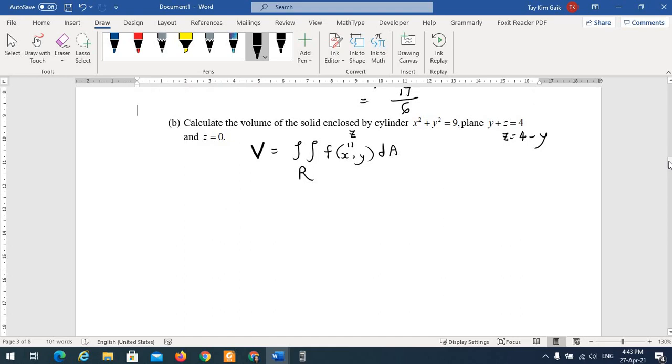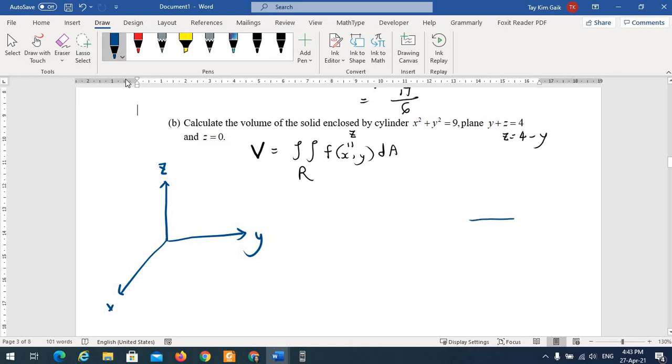Normally in 2D, x squared plus y squared is a circle. In 3D, it becomes a cylinder.